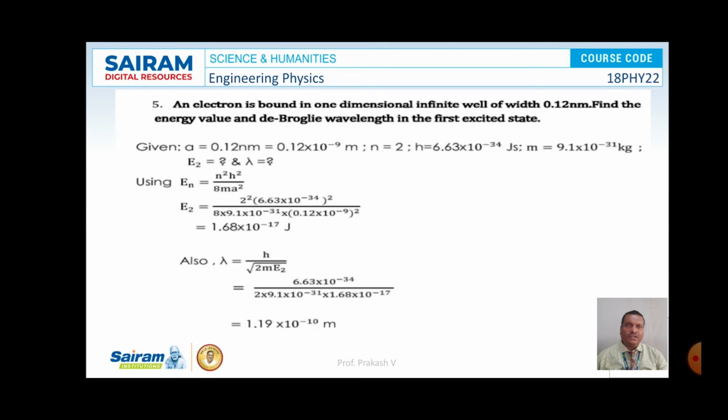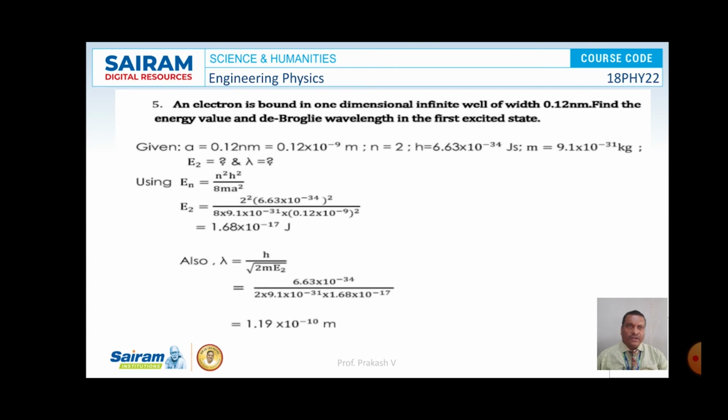We know that the formula E n is equal to n square h square by 8 m a square. Therefore E2, that is the first excited state, is obtained by substituting the value of 2 for n, and the h, m and a values. On simplification, the value of E2 is equal to 1.68 into 10 to the power of minus 17 joules.